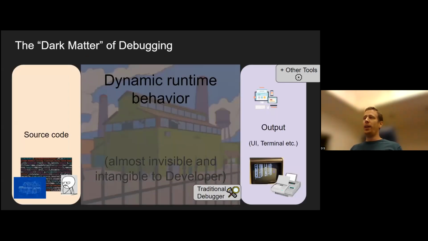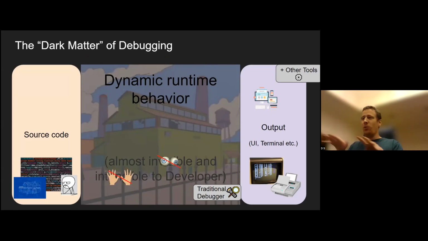All right. So if we, again, look at our program and we consider it, let's say, a complex factory, then we really don't know what is happening on the inside. And that's why I would like to call it the dark matter of debugging, because it's basically invisible and intangible.